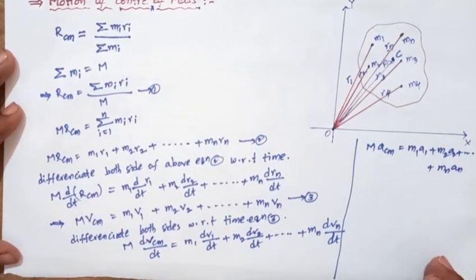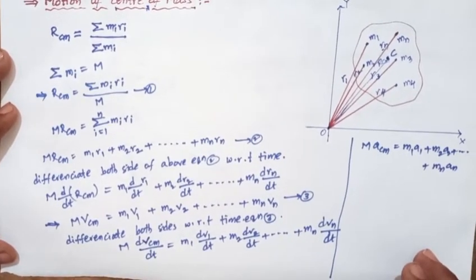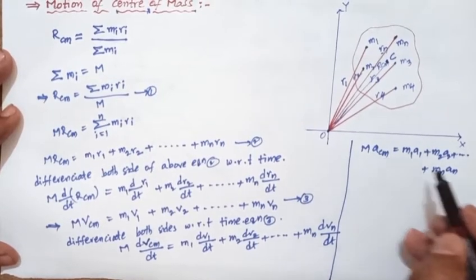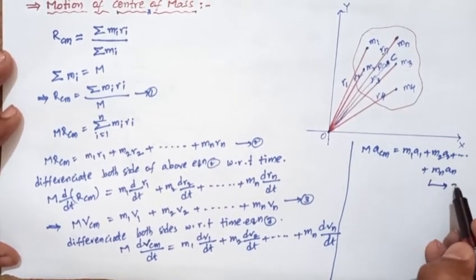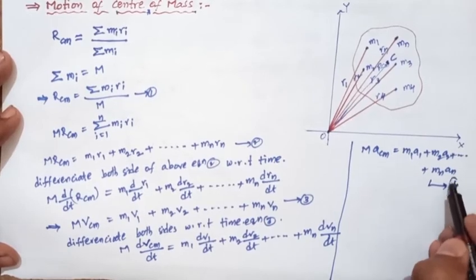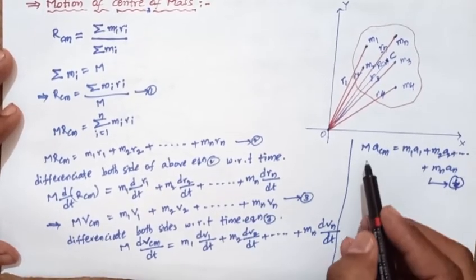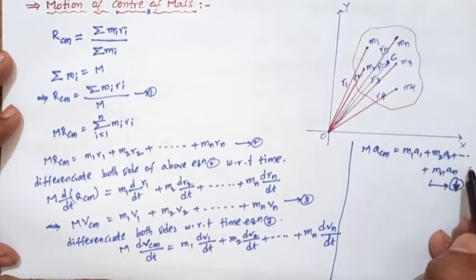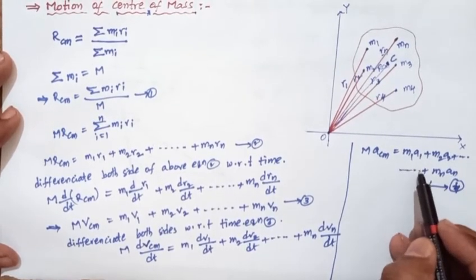Okay, so this is equation number 4: M Acm equals m1 a1 plus m2 a2 plus so on mn an.